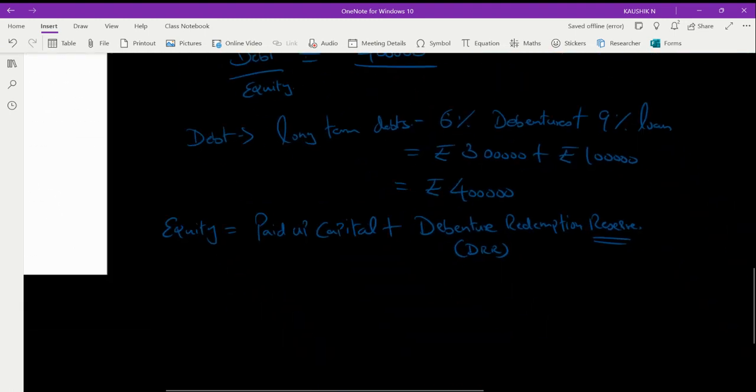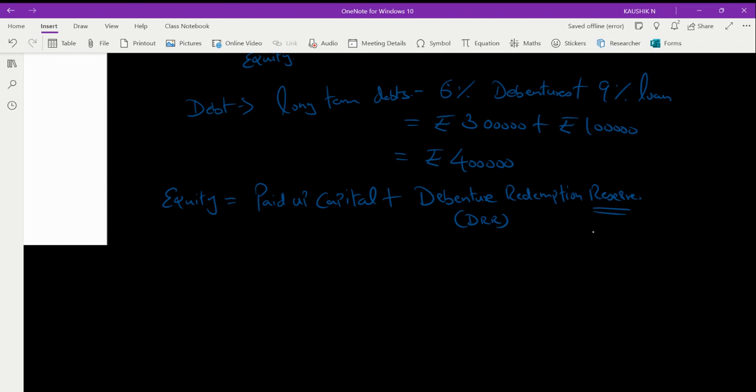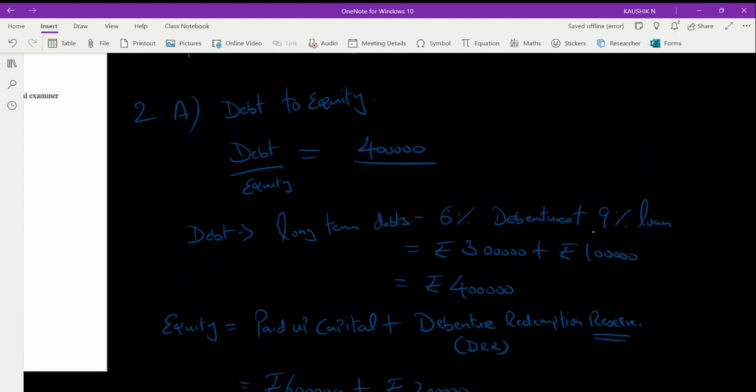So 6 lakhs plus 2 lakh will give you how much? Very good. Rupees 8 lakh. Now if you substitute in the formula, it will be 4 by 8, which is 1 by 2, nothing but 0.5.